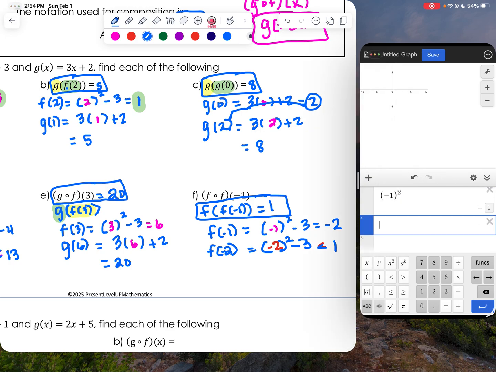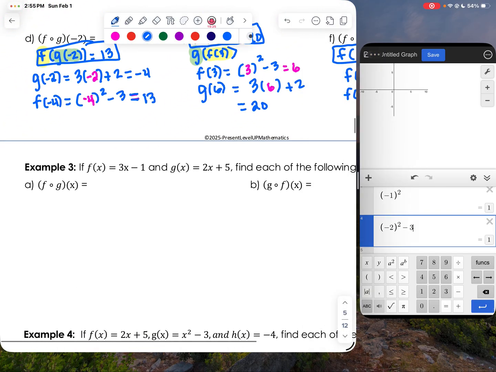Just so you'll know how I put it in my calculator, we say negative 2 in parentheses squared. The parentheses are important there, minus 3. Okay, positive 1. If necessary, pause the video and correct anything that you got wrong on problem E or F before you move on to the rest of the notes.